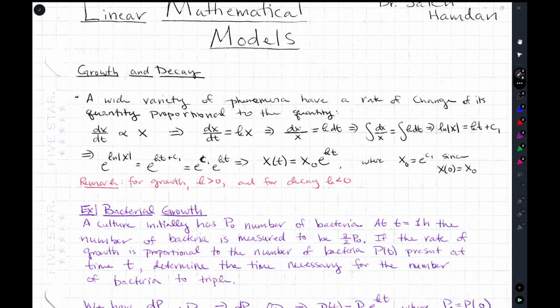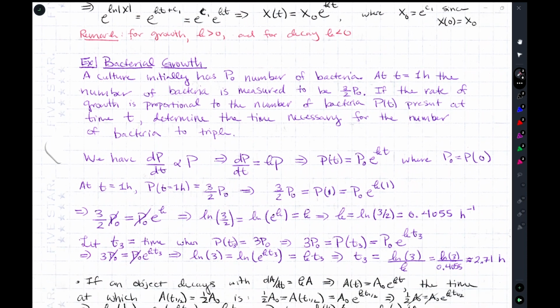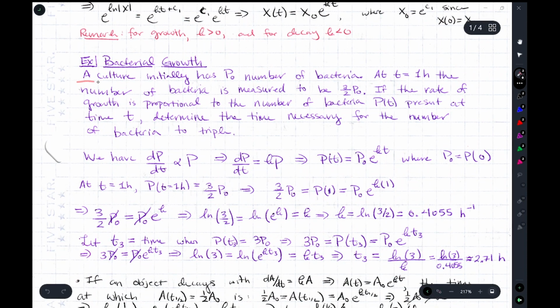So let's look at an example. We have a culture that initially has P naught number of bacteria. At t equals 1 hour, okay, so units here are important, the number of bacteria is measured to be 3/2 P naught.